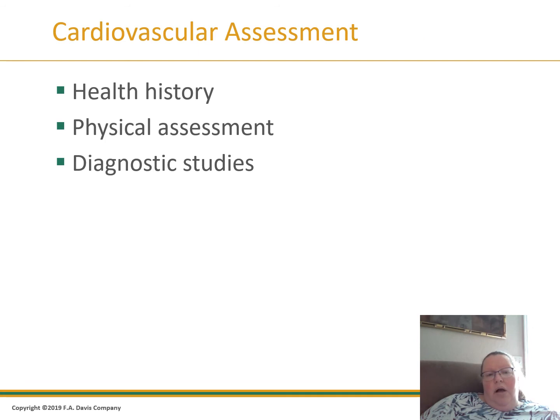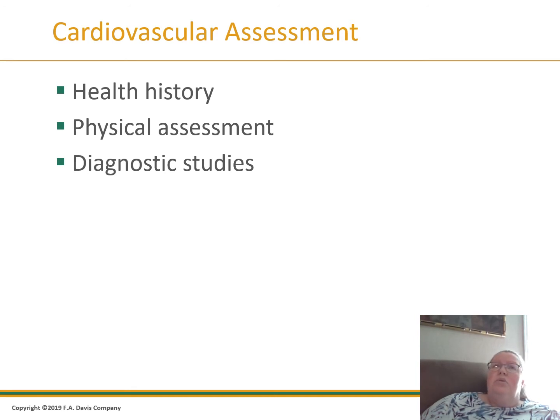Lovely. All right, so whenever we're doing a cardiovascular assessment, we do want to get a health history, including a history of your family and heart health because that is genetic. We want to do a physical assessment and we want to do diagnostic studies. What kind of diagnostic studies? Sometimes you can do a stress test.